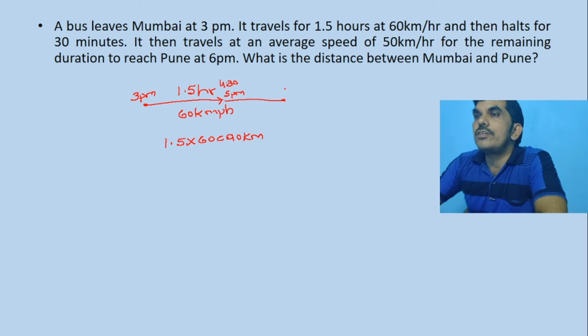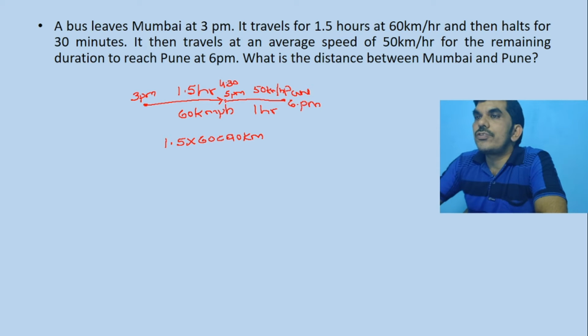that it will reach Pune at 6 pm. So what is the time taken to reach Pune after the halt? This is 1 hour. Correct? So what is the speed at this duration? The average speed is given as 50 km per hour.